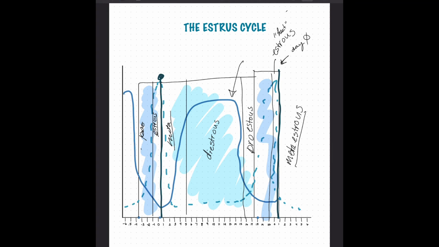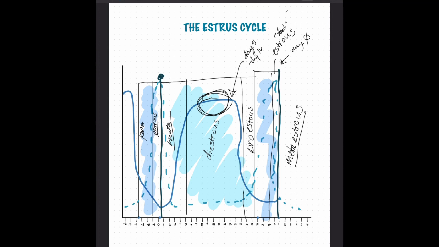Diestrus tends to have higher progesterone, which we talked about plateauing here and keeping a higher percentage. And then it's day 5 to day 16. And I know my days might be a little bit off. Oh, hey, I got them right. I was just trying to draw the lines to show an overall shape.